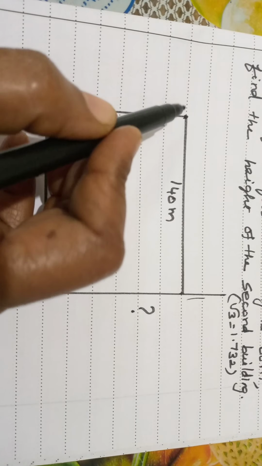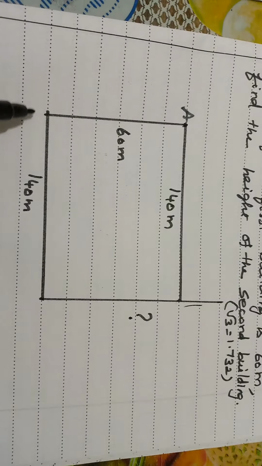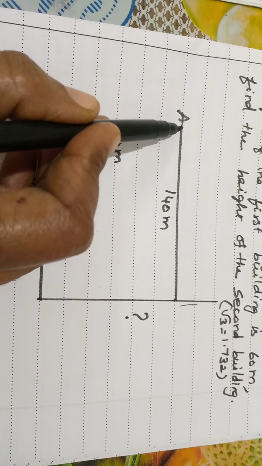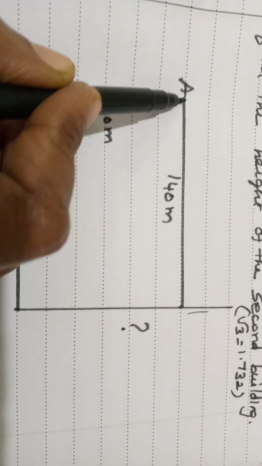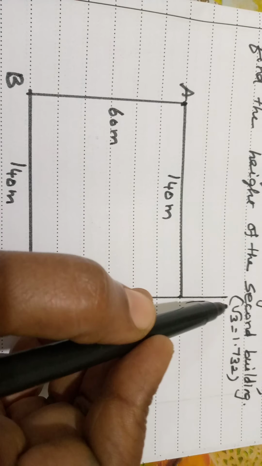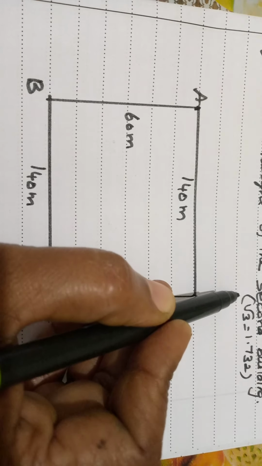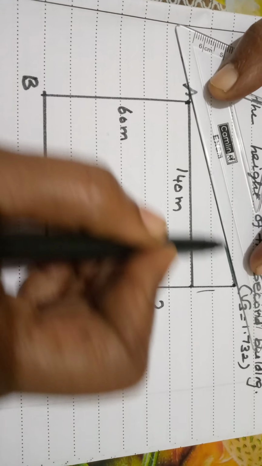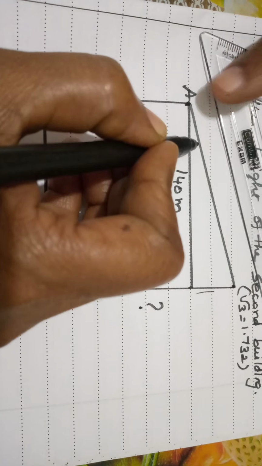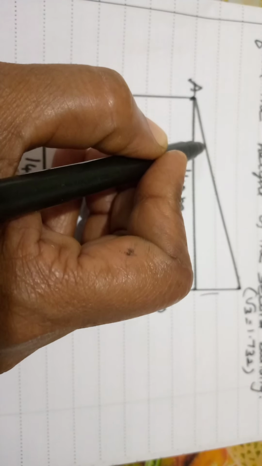Let us name here AB. AB is the first building, so top is A. So angle of depression of the top of the first building when seen from the top of the second building is 30 degree.